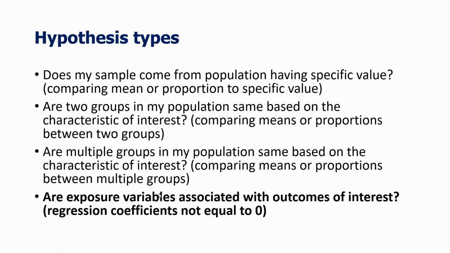And then we had the fourth, more generic type of hypothesis, which is formulated in such a way so as to explore the relationship between our exposure or independent variables and the association with the outcome or dependent variable of interest. And that is where we use methods such as regression.